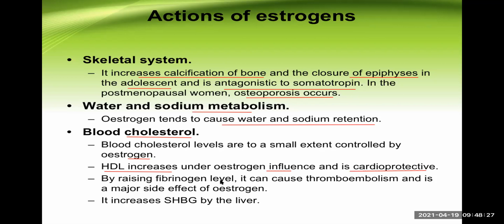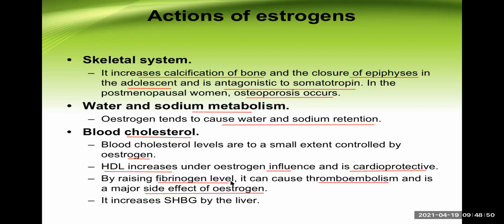Now, at the same time, there is one negative effect also. By raising fibrinogen level, it can cause thromboembolism, and this is a major side effect of estrogen. Now, fibrinogen, okay, is a type of clotting factor. It is clotting factor number one actually, fibrinogen. We all know that.